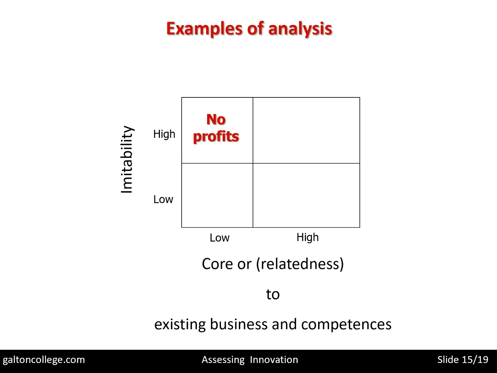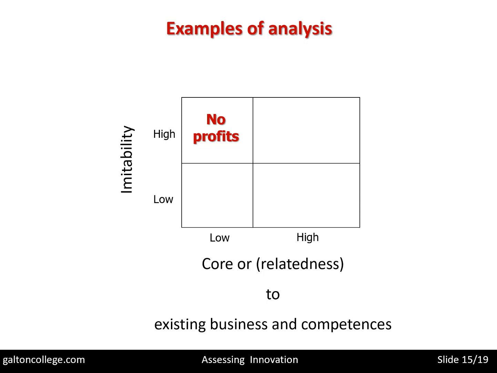So if it's high imitability and it's not linked to existing competencies, in other words, anyone can figure out how to do it very easily, and it's very easy to copy the product or copy the innovation, then it's likely that there will not be a lot of profit associated.